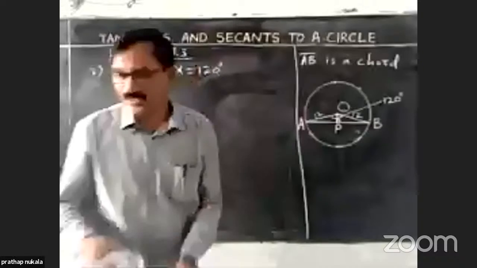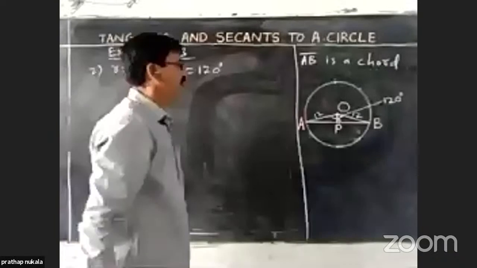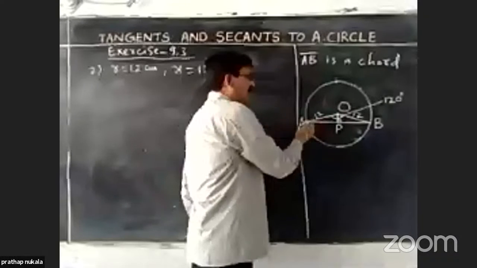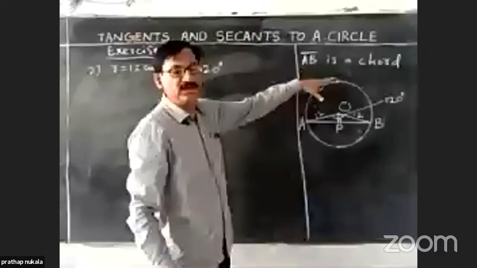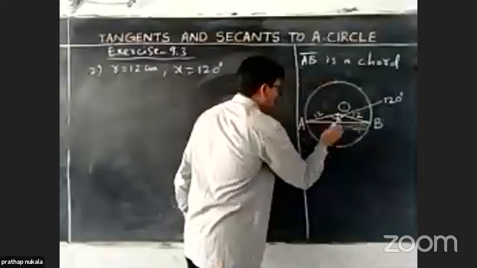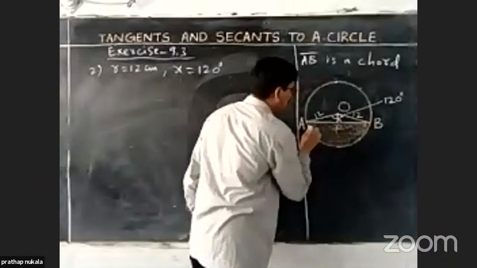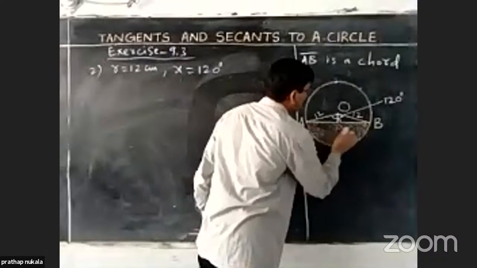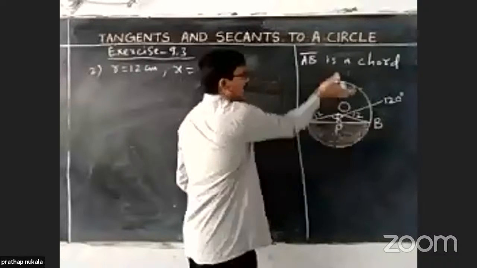Now, what is the minor segment and what is the major segment? No doubt, the chord AB divides the circle into two parts. One part is like this, the shaded portion, and the other part is above AB.